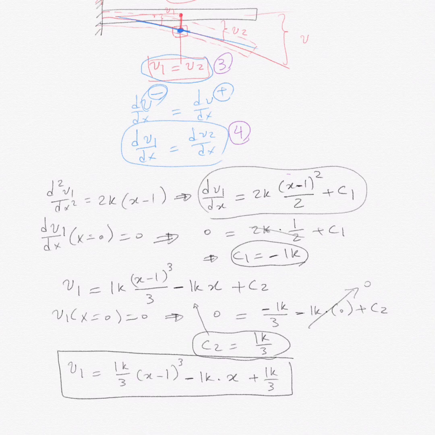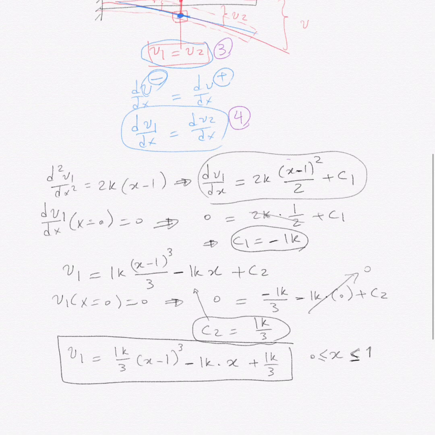That's your deflection curve versus x from x equal 0 to 1. Don't forget the limits. This is only valid from 0 to 1. In fact, you can put less than or equal to 1, because the deflection curve is continuous.